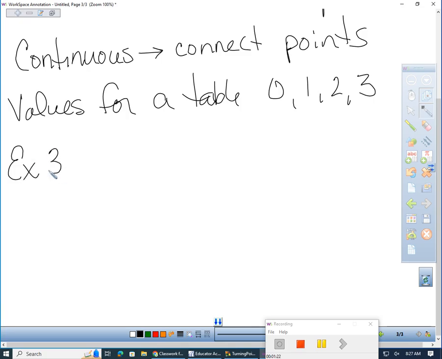Example number 3. This is similar to what you are doing for number 22. Graph the function rule.